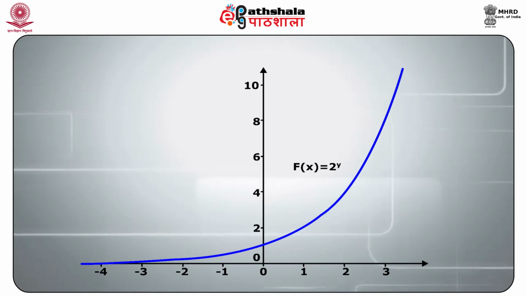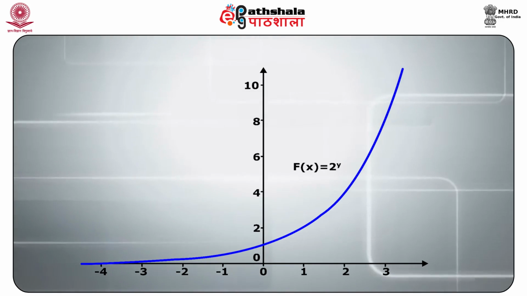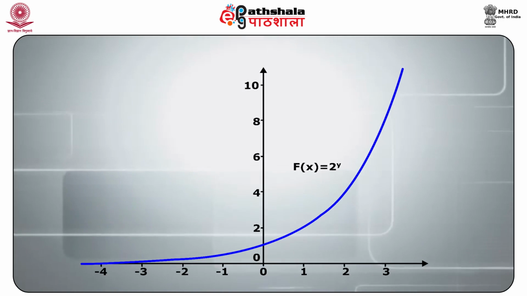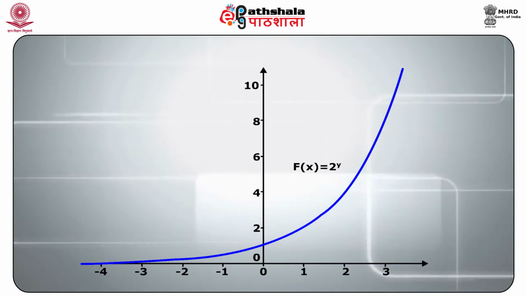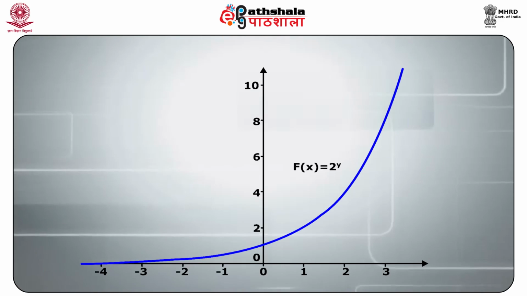Therefore, the exponential function starts from a very small fractional number and it almost touches the x-axis. In the beginning, y is extremely small, and then y becomes almost equal to 0, and therefore it is almost touching the x-axis.